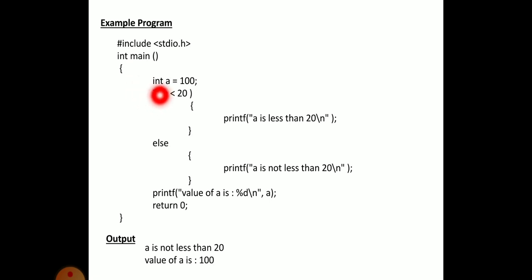The first statement declared inside the main() function is int a = 100. We know this statement. What does this statement mean? Int a means a is a variable declared as an integer data type, an integer variable, and we have assigned a value to the variable here itself.